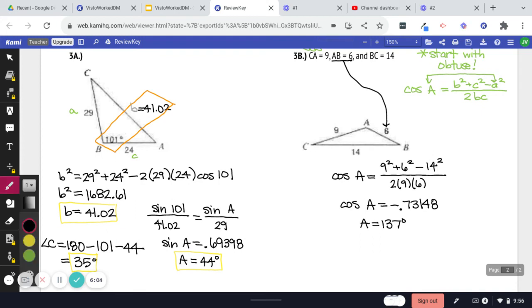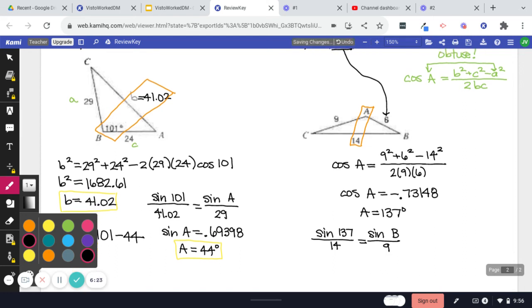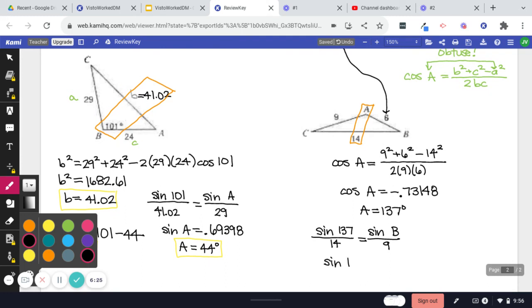Now, in this fabulous question, we have a beautiful complete pair. And so now we can do anything. So I'm going to do sine 137 over 14 equals sine b over 9. And that means sine b equals 9 times sine 137 divided by 14.